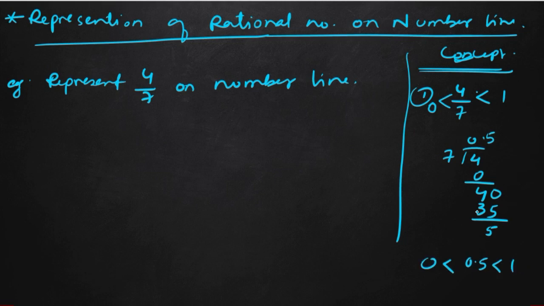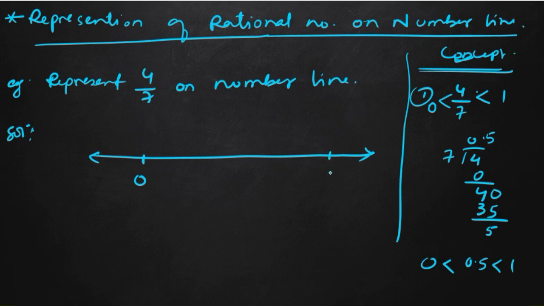So how to solve this one? Just make a number line. Suppose this is our 0, this is our 1, again we will have 2. Now divide the line segment 0 to 1 into 7 equal parts. How do you know in how many equal parts you have to divide? Just look at the denominator. The denominator gives the number of parts you have to divide into.